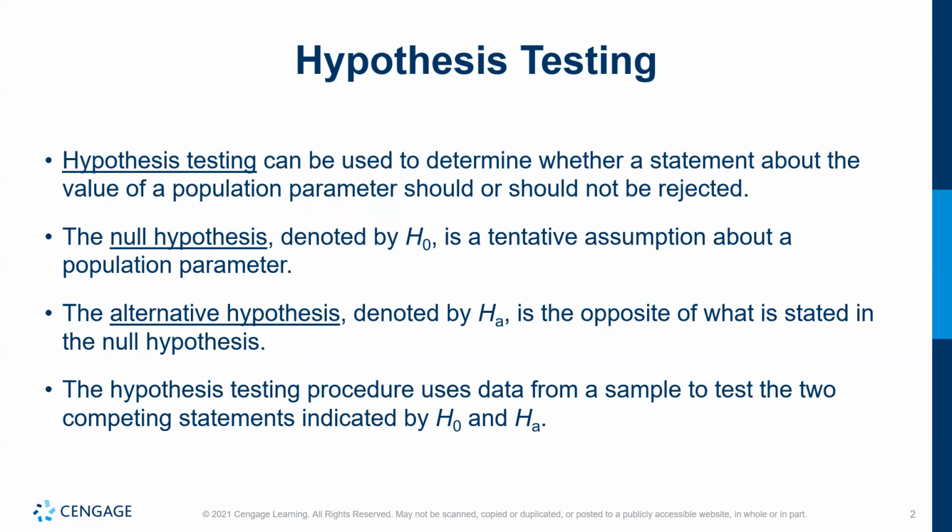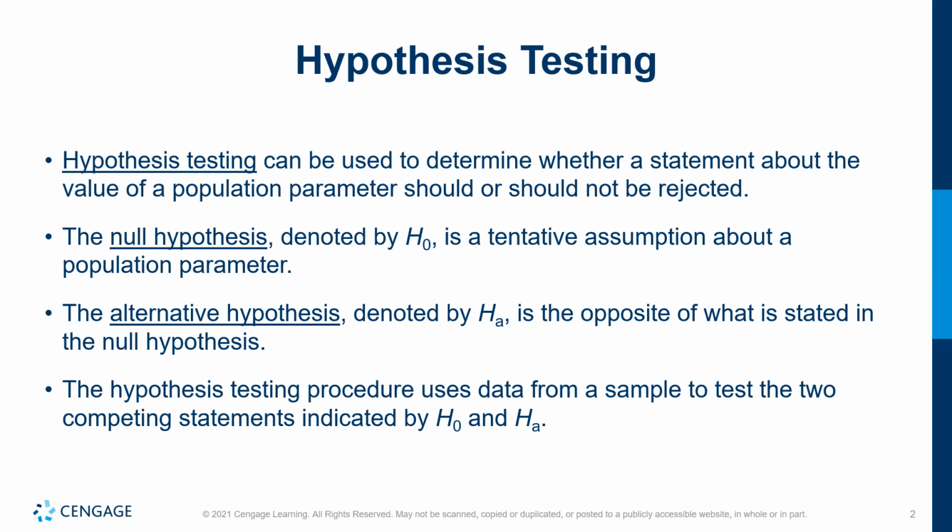And then the alternative hypothesis is sometimes called the research hypothesis. It's what we're going to do to test it. So if I say I think the population mean is 20, then the alternative hypothesis would be the population mean is not 20, right? Or if my null hypothesis is that the population mean is less than or equal to 20, my alternative hypothesis would be that it's greater than 20.